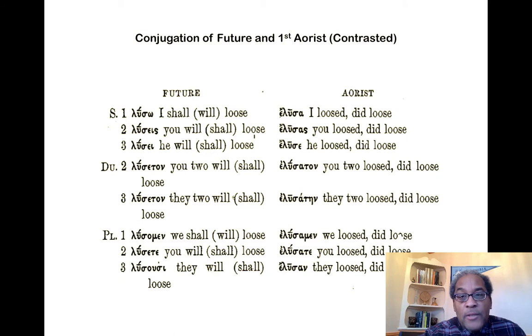And in the first aorist, you have the augment, first of all, but then you have the secondary endings with alpha prominent. Elusa, elusas, eluse, elusamen, elusate, elusan. So your tip-off that you're looking at a first aorist form will almost always be the presence of the sigma followed by an alpha.